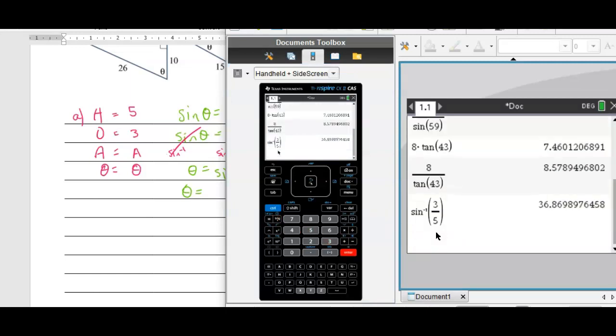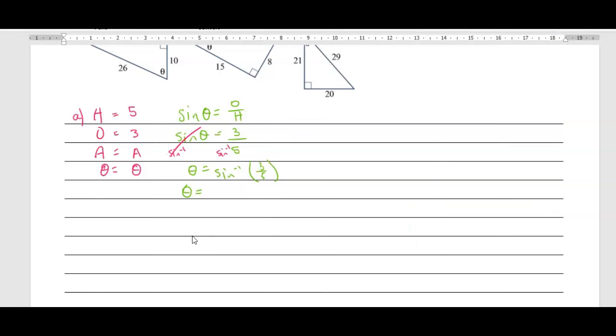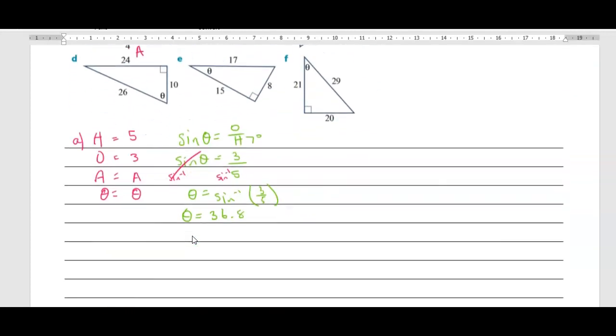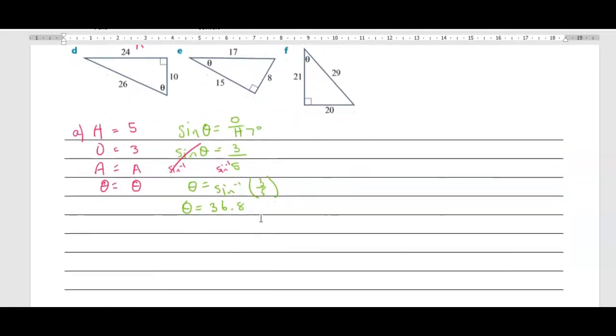If you're working with a green scientific calculator, you would probably just press shift sine, and that will give you inverse sine. So we've got 36.87 degrees. Oh, it says to 1 decimal place. So 1 decimal place is 36.9.